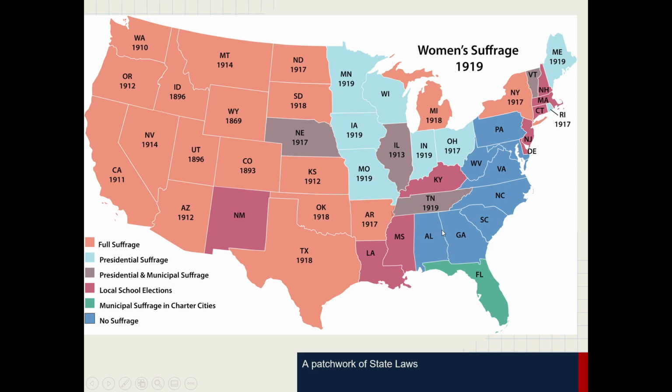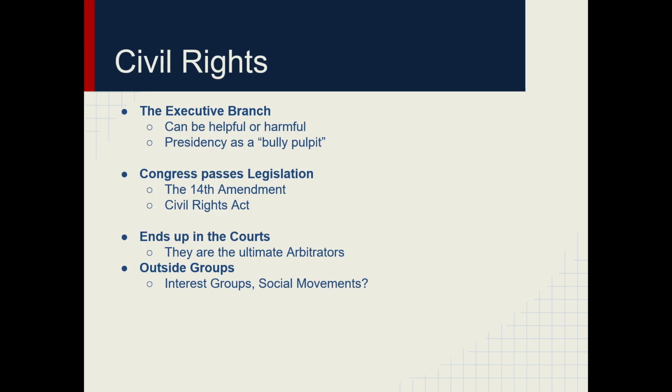But look at the American South, where there was no suffrage whatsoever, going all the way up to Pennsylvania. So some states do get ahead of the curve, but many don't. Many struggle to guarantee the rights of their citizens without some form of federal incentive, whether that incentive is a reward or a potential penalty.